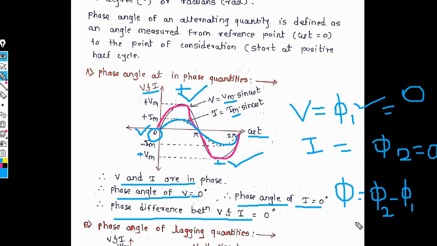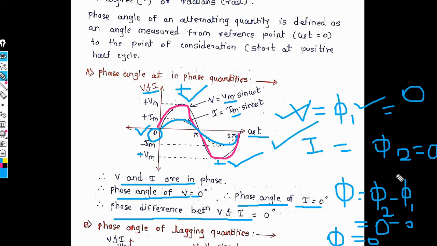Then both values are put here, that is 0 minus 0, so phi is equal to 0, because both waveforms, voltage and current, start from 0 angle. We have considered phi 1 equal to 0 for voltage and phi 2 equal to 0 for current.